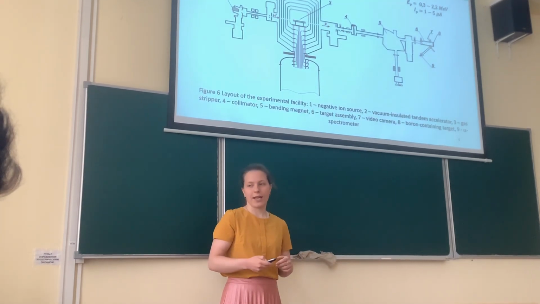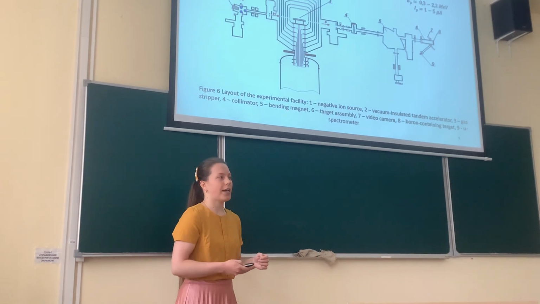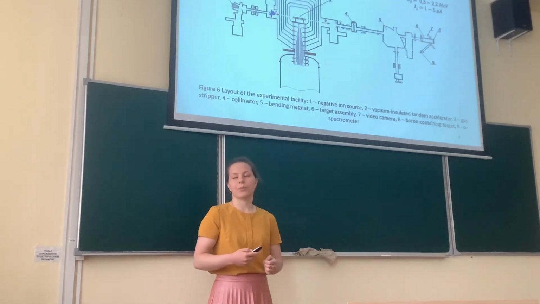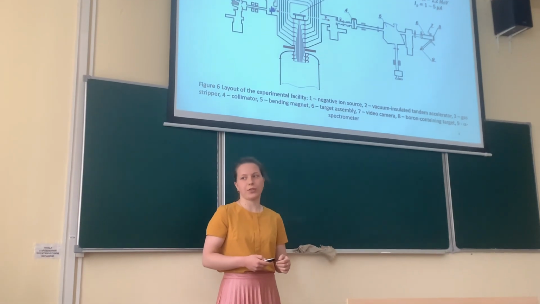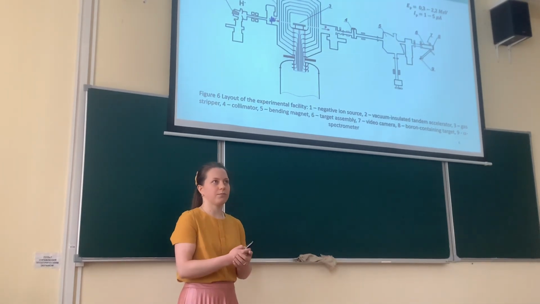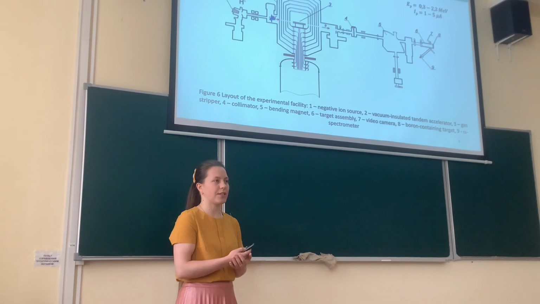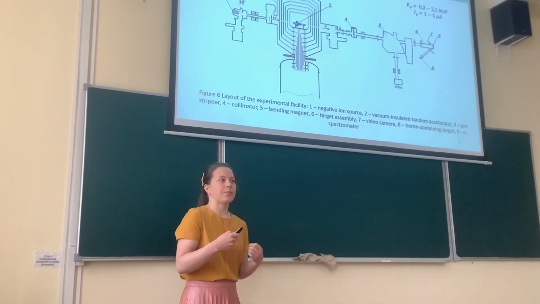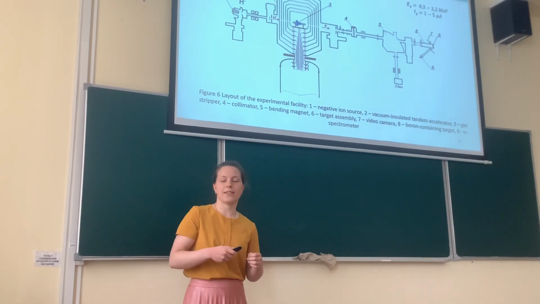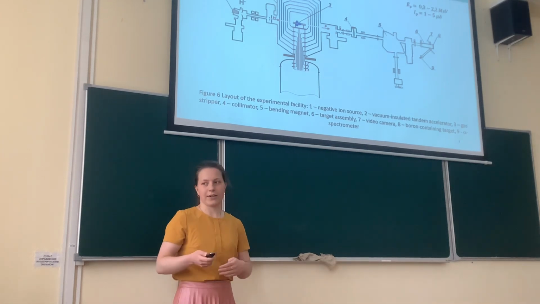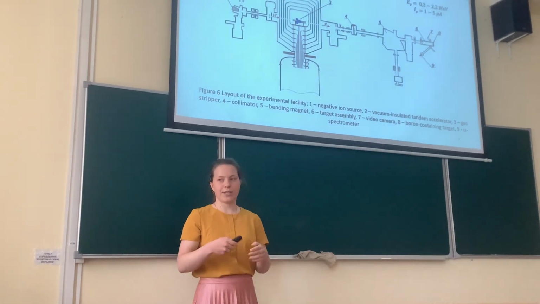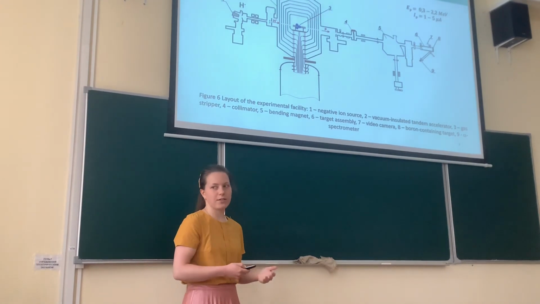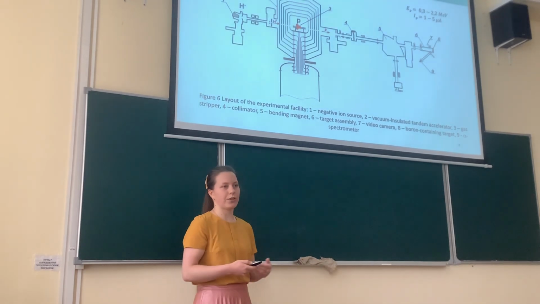First, there is a negative ion source, where negative ions of hydrogen were created, and then they were focused at the entrance of the accelerator, where the positive potential applied to the central electrode accelerated the negative beam to energy E. Then the beam arrived at the gas stripper in the central electrode, where about 95% conversion happened, and negative ions were converted to protons.